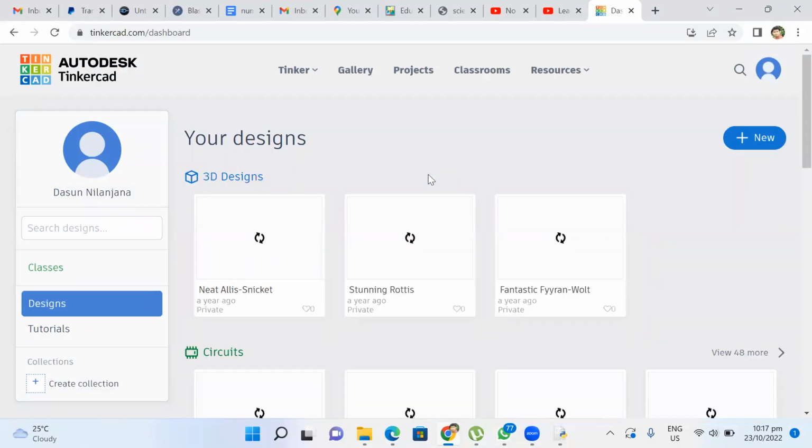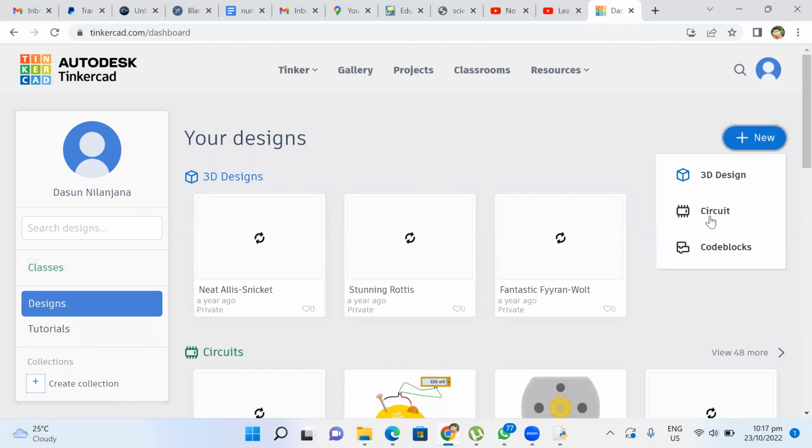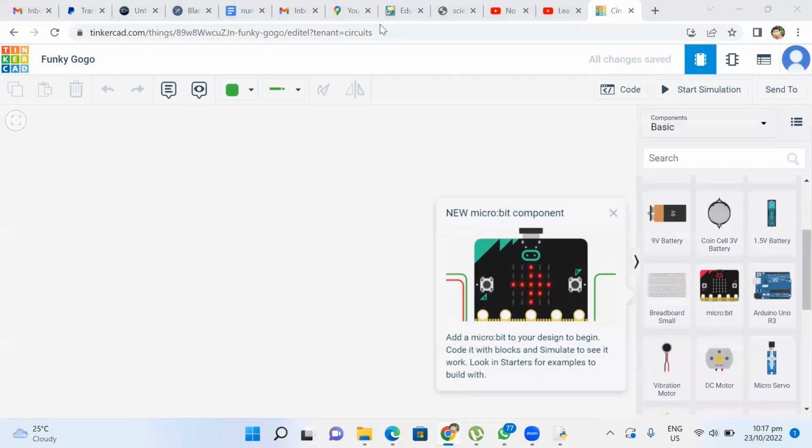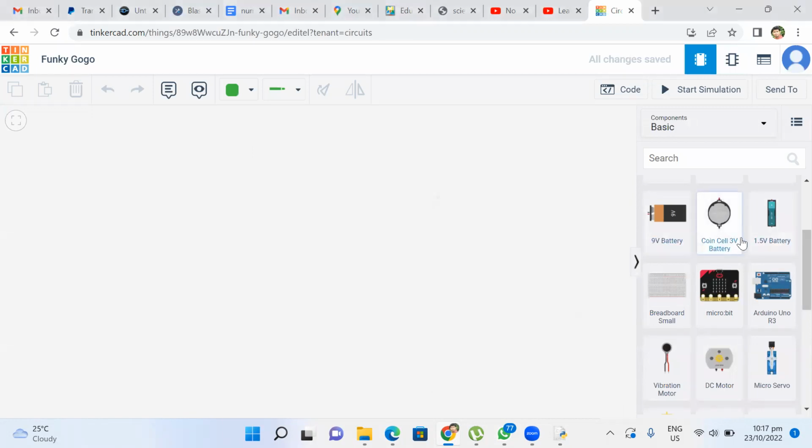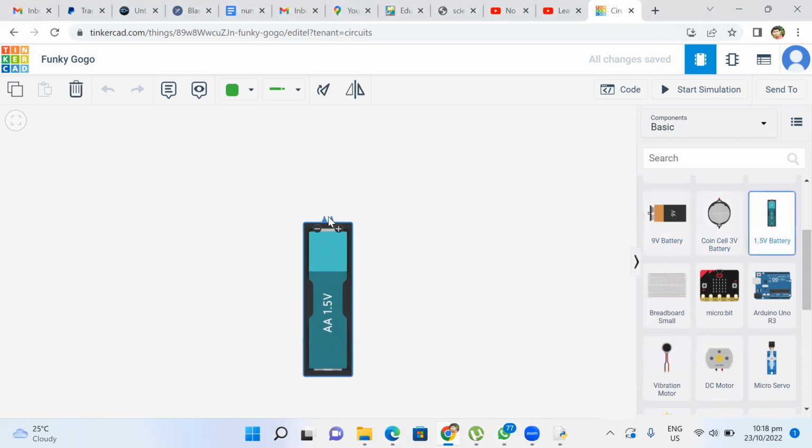Okay, we are here. Let's create a new circuit design. First we need a 1.5 volt battery, and the battery is here.